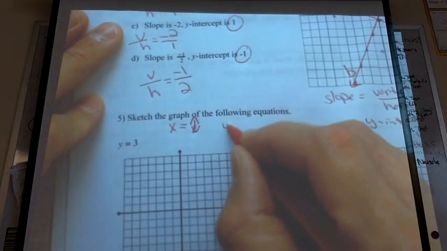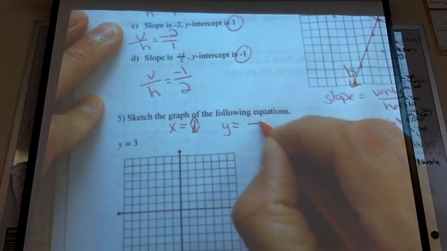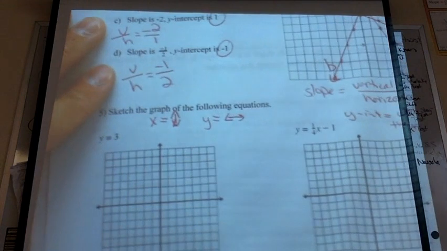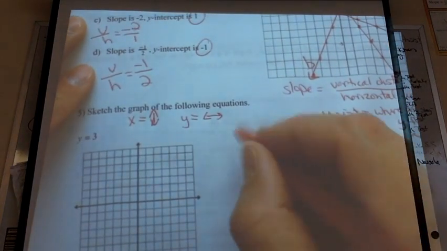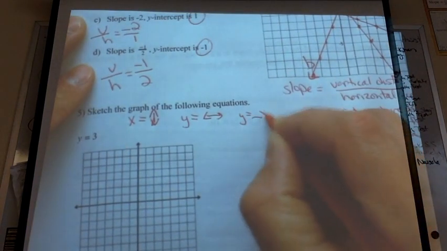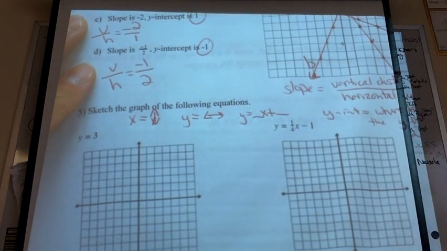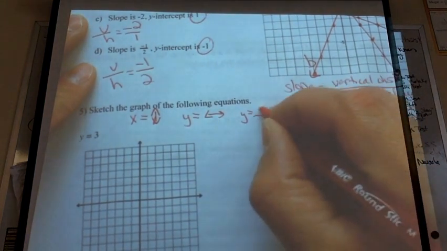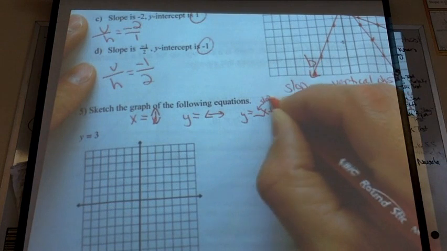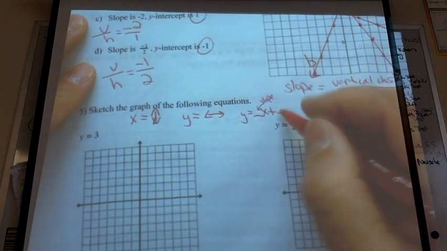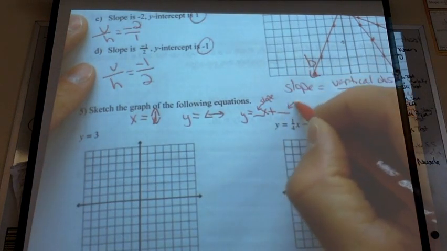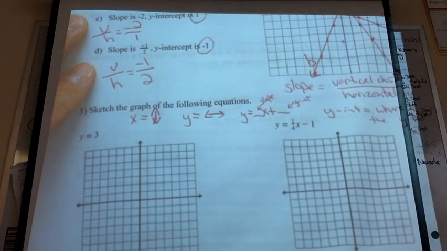Or it can be y equals, if it's going to be horizontal, left and right. Or if it's a diagonal, it's going to be y equals blank x plus blank. Those are your 3 types, where the first blank will be your slope, and the second blank will be your y-intercept, where it crosses our y-axis.